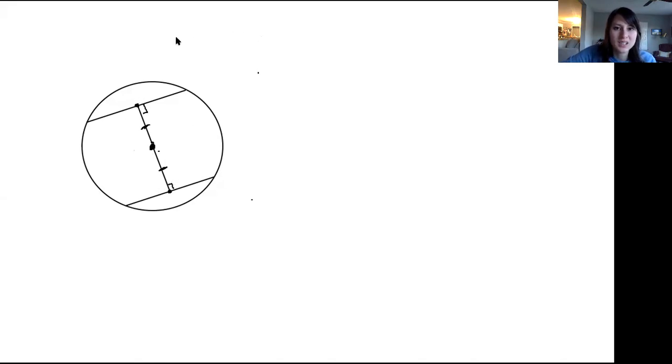Let me label some of this stuff, because I think that would help us out. Let's say this is circle L, and this is chord FG. Where they intersect, that's X. Where they intersect here, that's Y. And then this is chord JH.